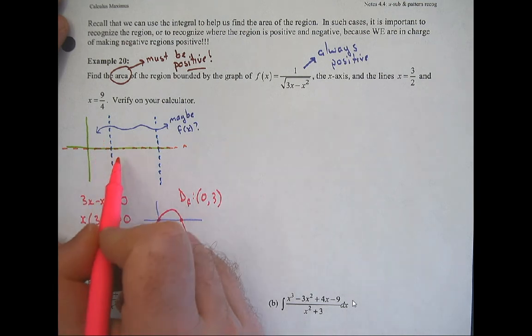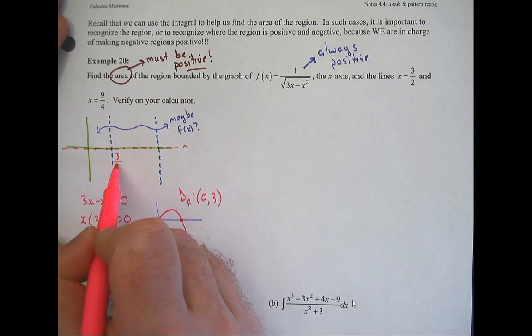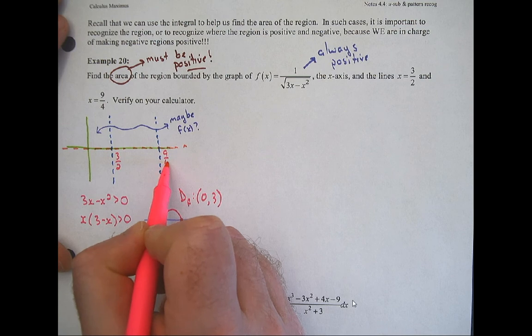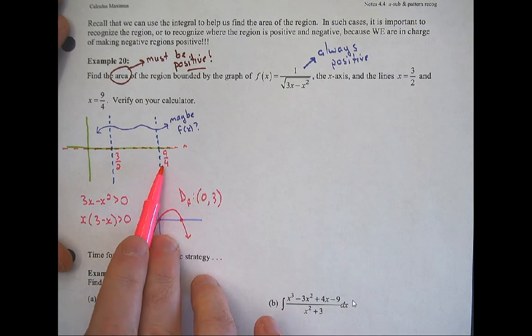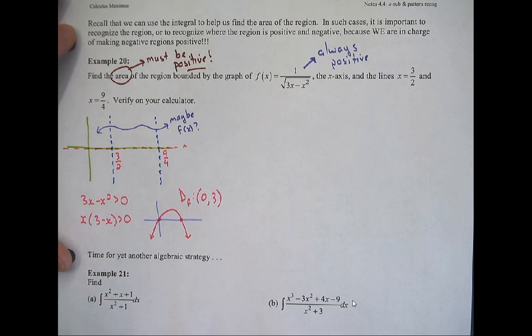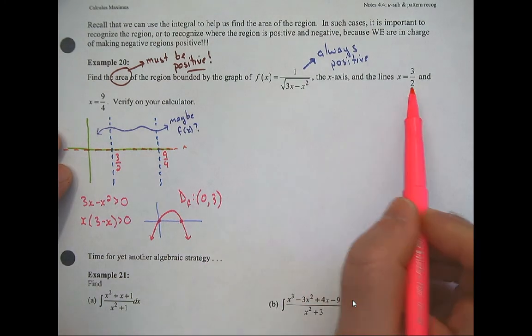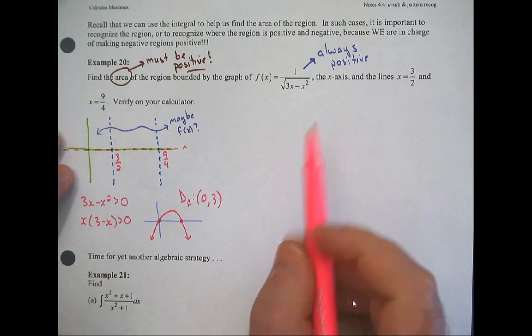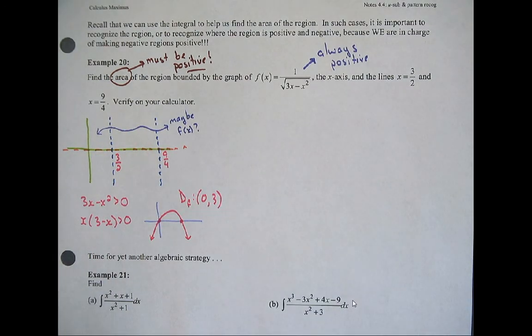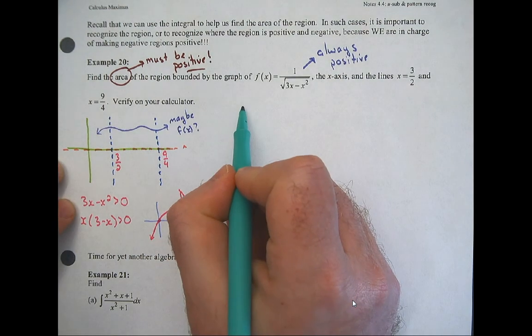Does that work with our 3/2 here and our 9/4 here? Yeah, those fit within. 9/4 is 2 point something. So those both fit in our domain, and we don't have any problems in this interval. So we can just straight up do the integral to calculate the area under the curve.